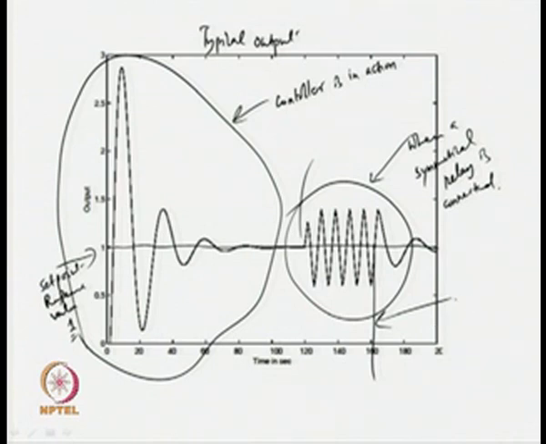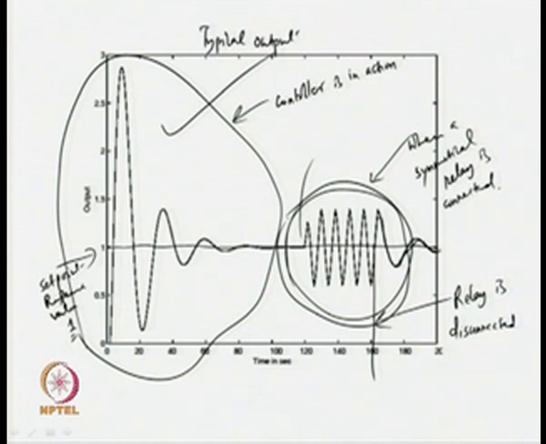At this time the relay is disconnected, then the system comes back to its normal operation, and thus we get a dynamic response of this form. So, the complete figure, the typical output, is made up of 3 parts now. Part 1 shows the dynamics of the control system, then the one when you have the relay in the loop, and then when the relay is switched off.